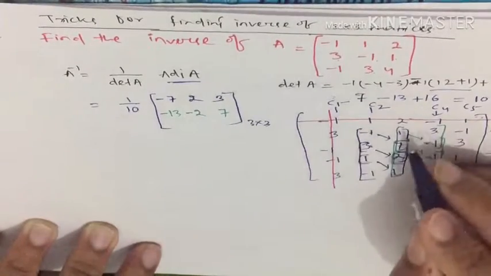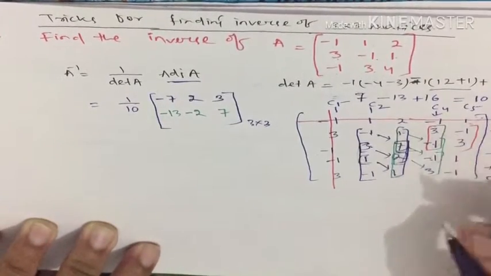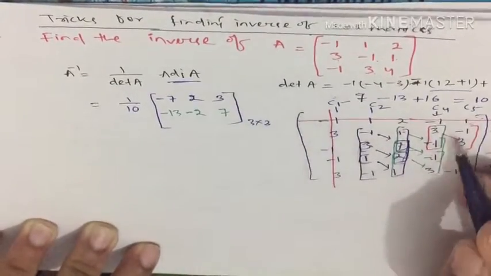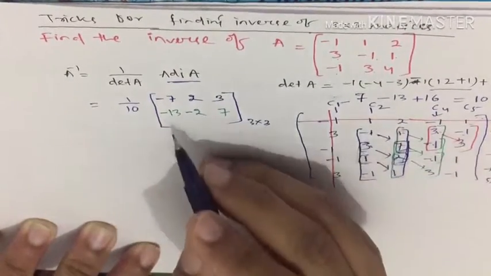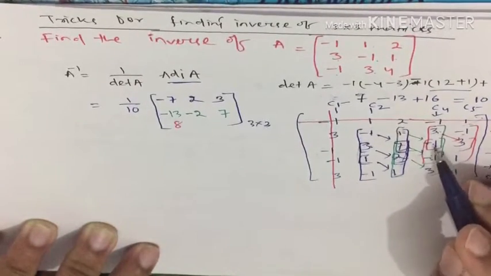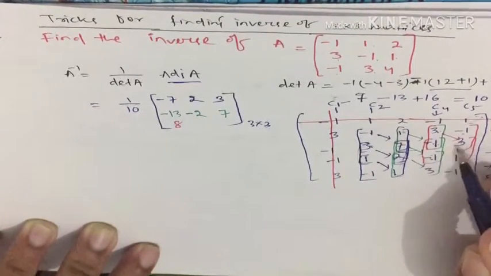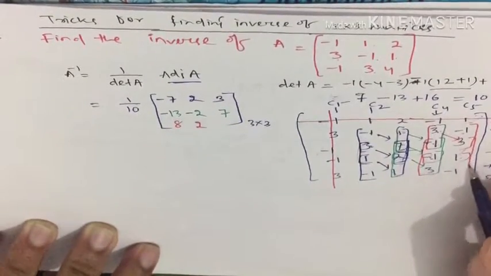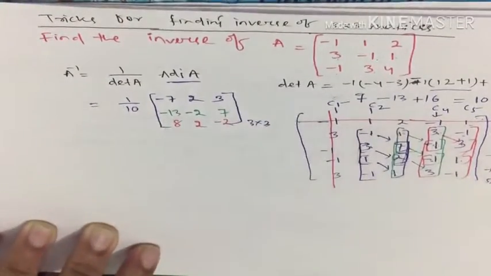Then for the third row, just choose these columns. So what I am doing is going column wise and writing row wise. For these entries we have to find the determinant of these 4. So this is 9 minus 1, 8, and from the consecutive 4 elements you will get minus 1 plus 3, that is 2, and from these 4 entries you will get plus 1 minus 3, that is minus 2.